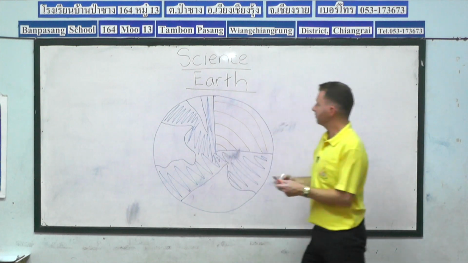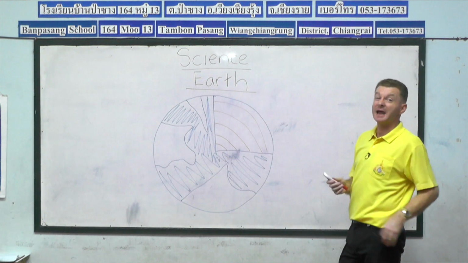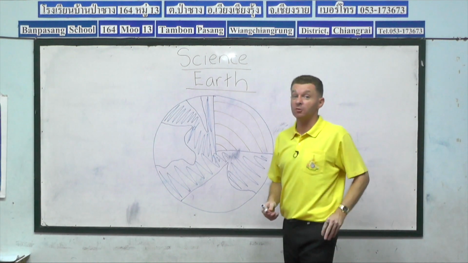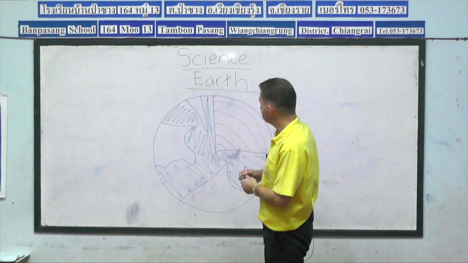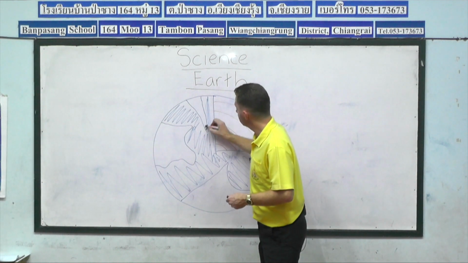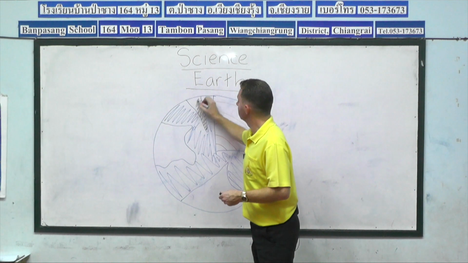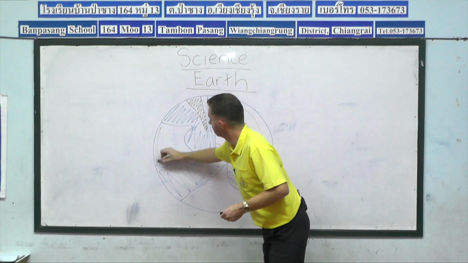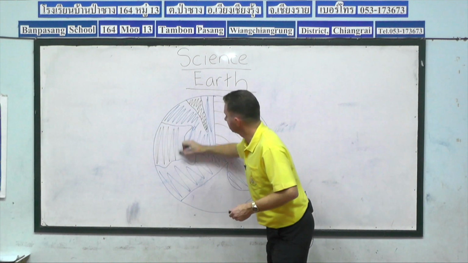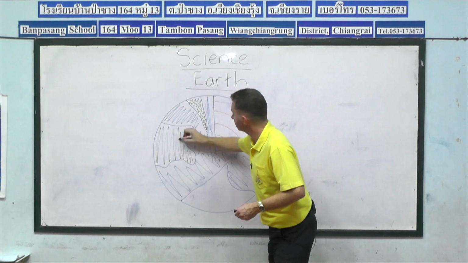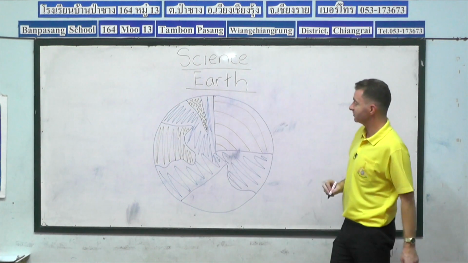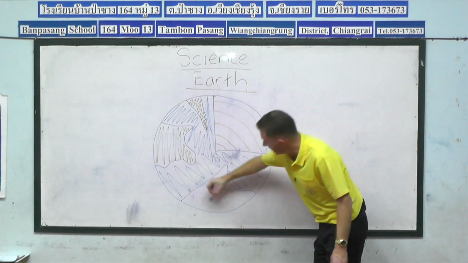But I haven't got green for the land masses, so we'll use black. The land masses can be represented with black. So this is just a very simple diagram to show what the Earth looks like on the surface with water and land masses.